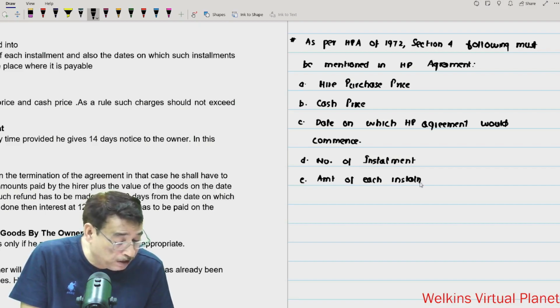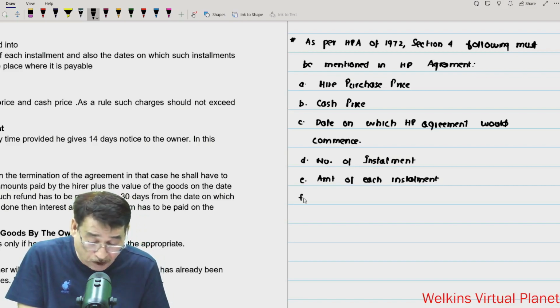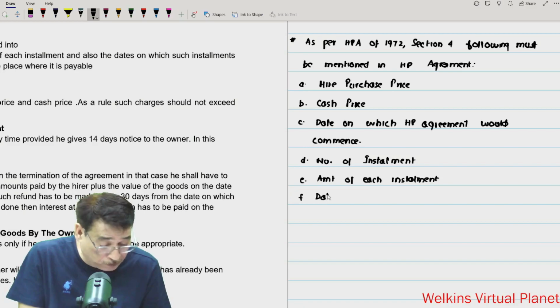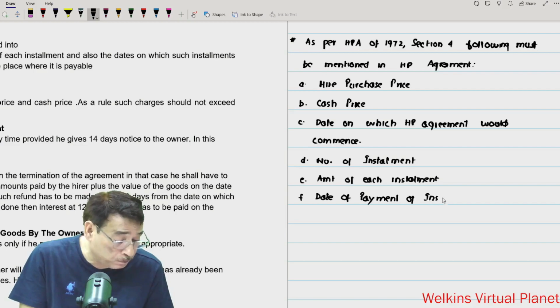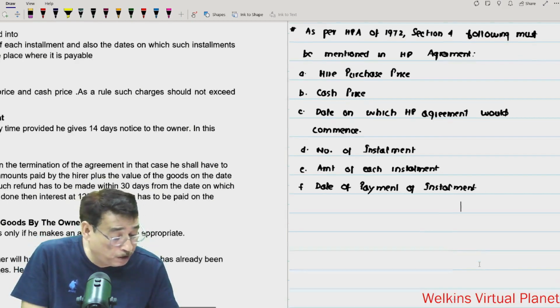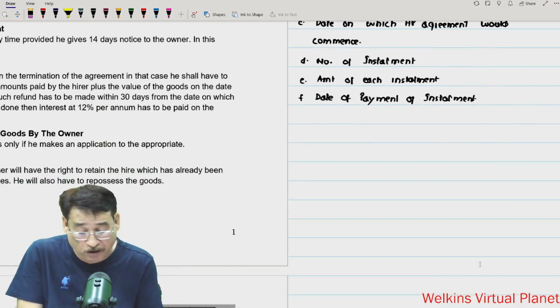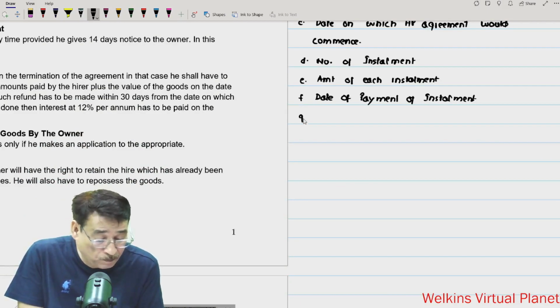Further, it should be clearly mentioned on what date each installment should be paid. The agreement clearly states it is a bounded duty that it should contain all this information, and the last information is the amount of down payment.